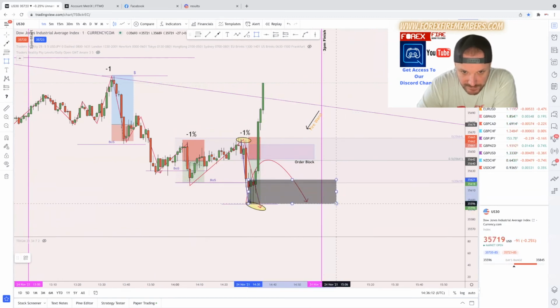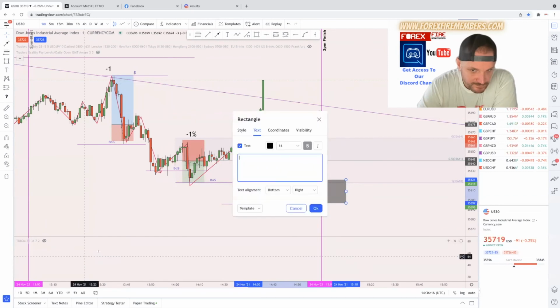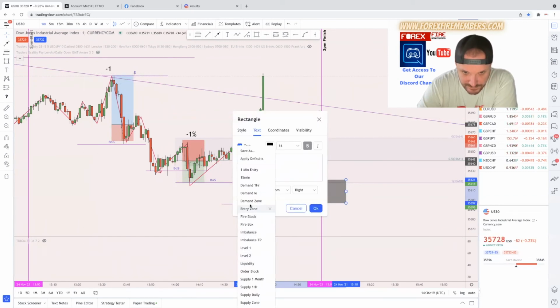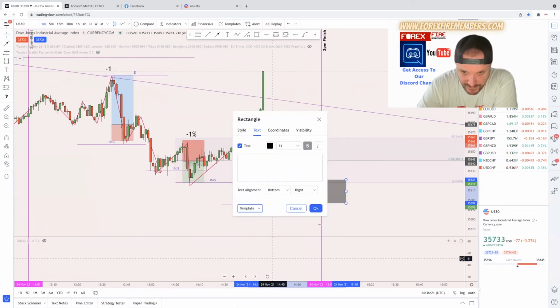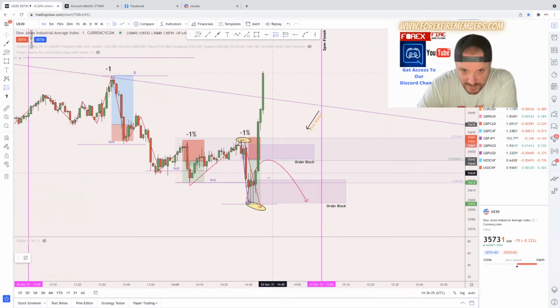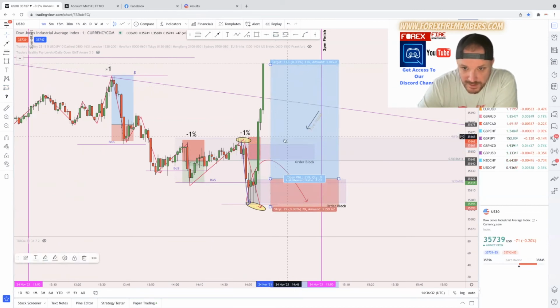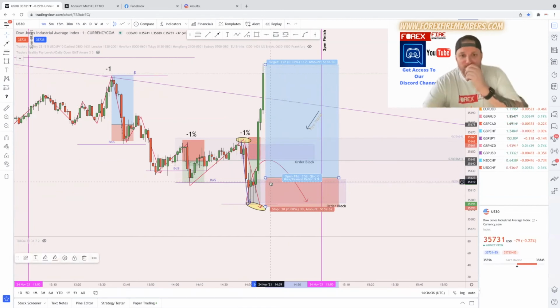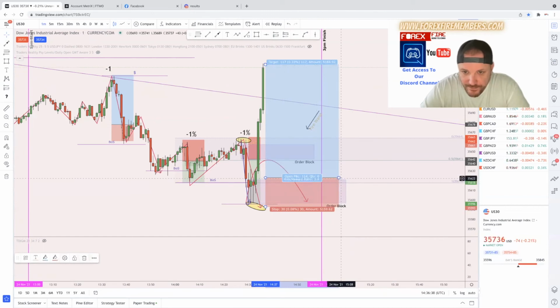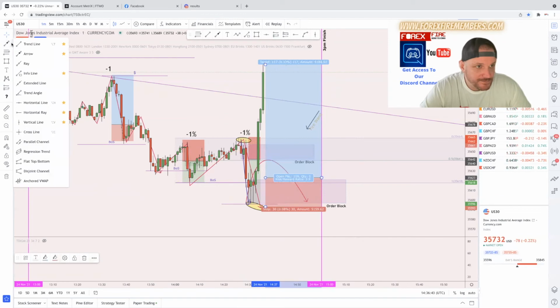Order block. Push right up. So 1 to 4. Break the structure.